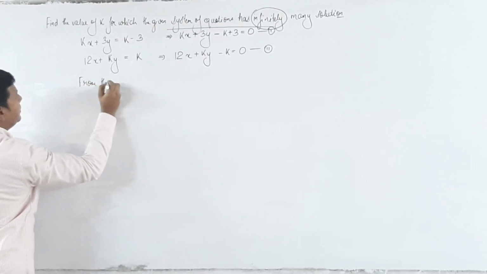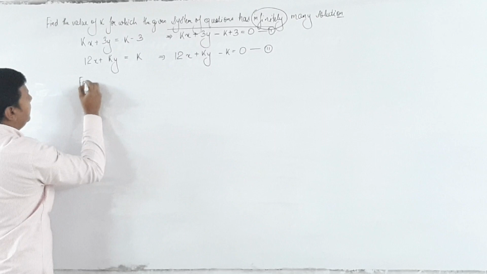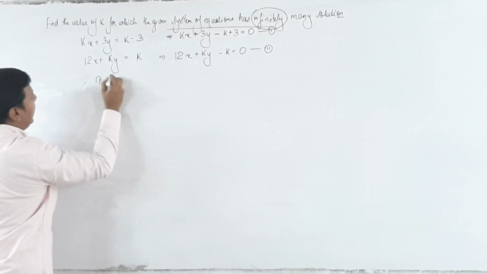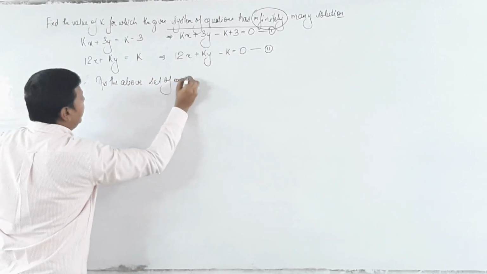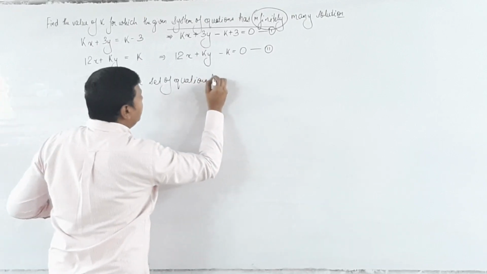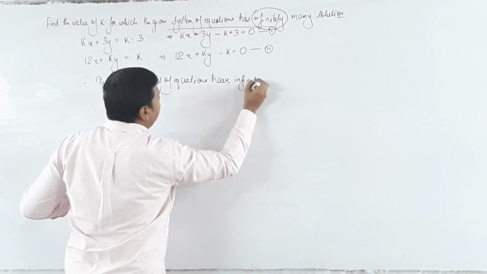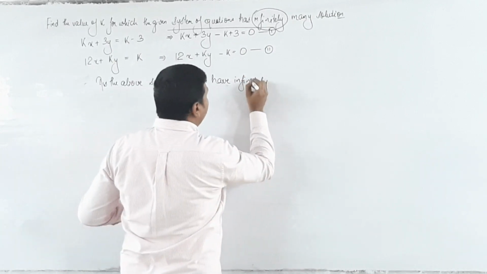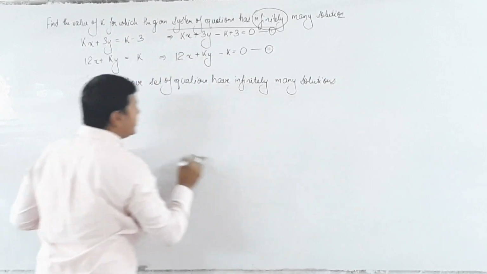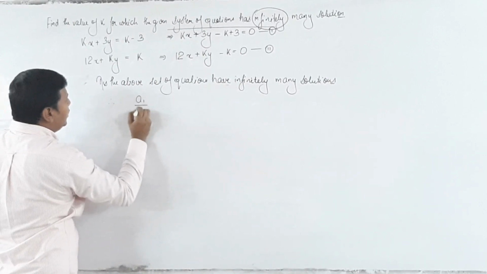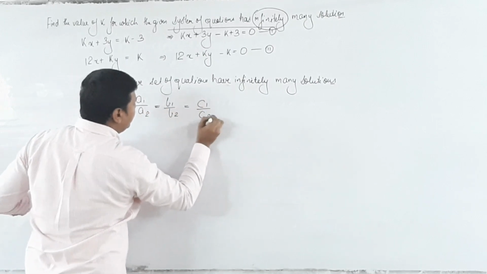Now from the above discussions we know that as the above set of equations or pair of equations have infinitely many solutions, hence a1 by a2 is equal to b1 by b2 is equal to c1 by c2.